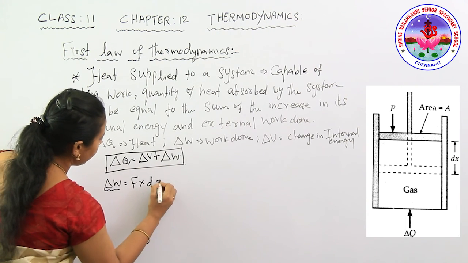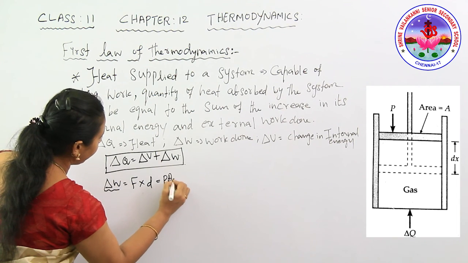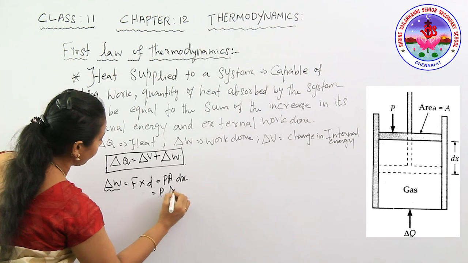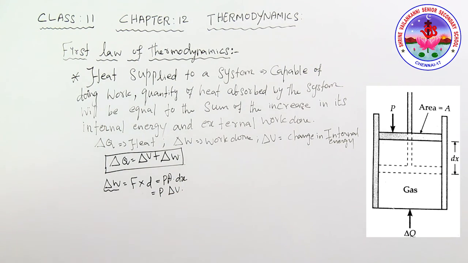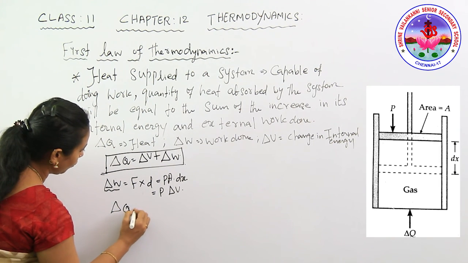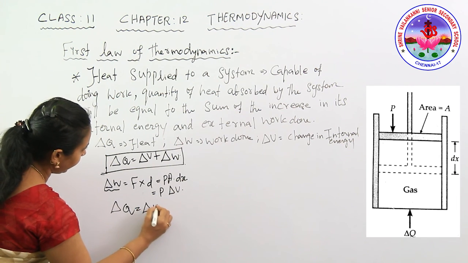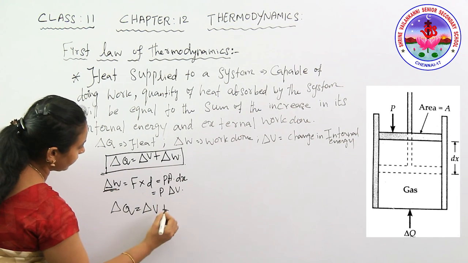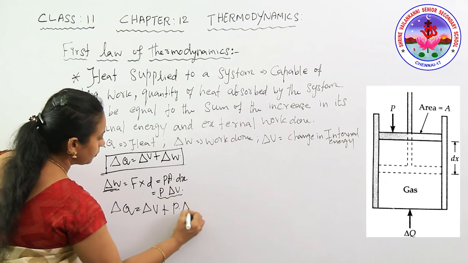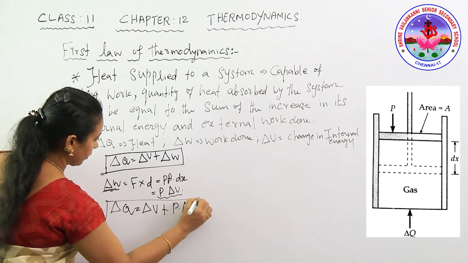So this is P A into dx, that is equal to P into del V, right? So as per the first law of thermodynamics, del Q is equal to del U plus, instead of del W, you can write P into del V. Got it?